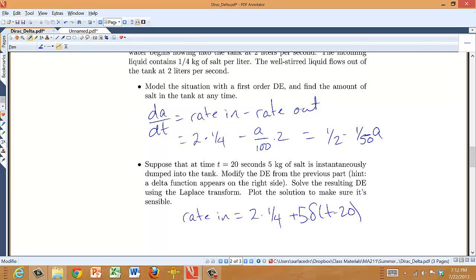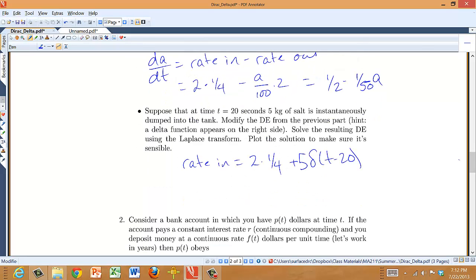There's 5 units. So that's our inflow rate. Our outflow rate stays unchanged. So we end up with something like this: dA/dt equals 1/2 plus 5 delta of t minus 20, and then you'll have a minus 1/50 A. Okay. And that's all there is to this.